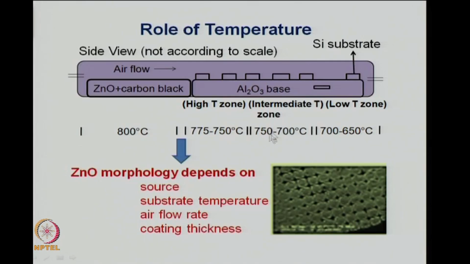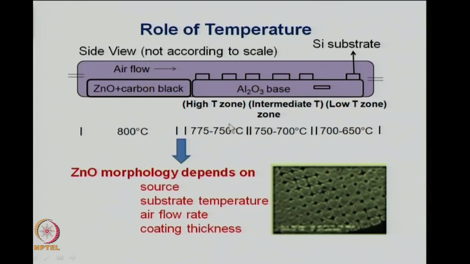So, depending on where the reaction is happening, if you take out the material from different zones, the zinc oxide which is forming, because you are keeping here some zinc oxide at high temperature, this zinc oxide will along with the air flow go and deposit here on the silicon substrates.